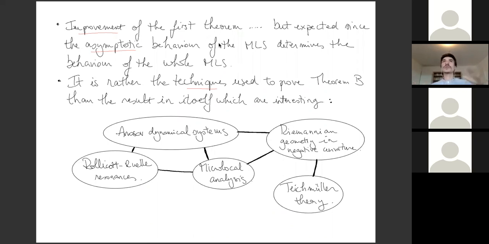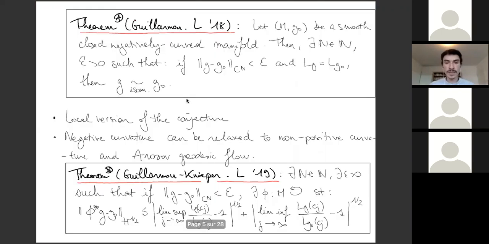For instance, if you assume that the ratio of the lengths, that is, the asymptotic Mark-Lane spectra, are the same, namely that these limits are equal to 1, then it's fairly easy to see that the whole Mark-Lane spectrum is the same, precisely because you can fix a geodesic and take iterates of this geodesic.